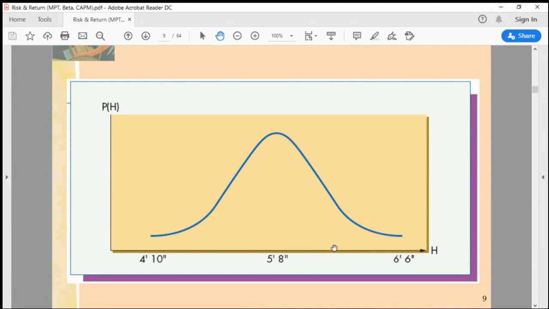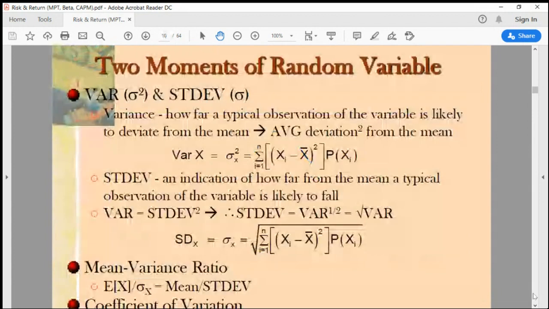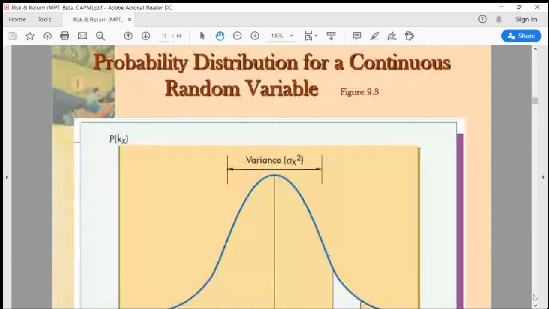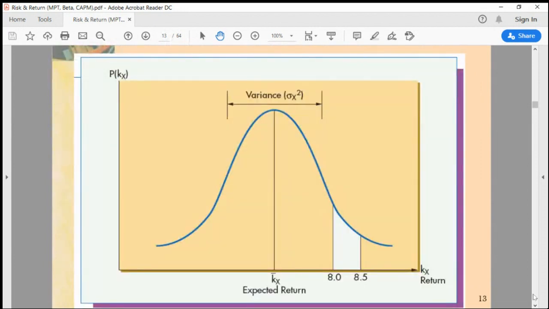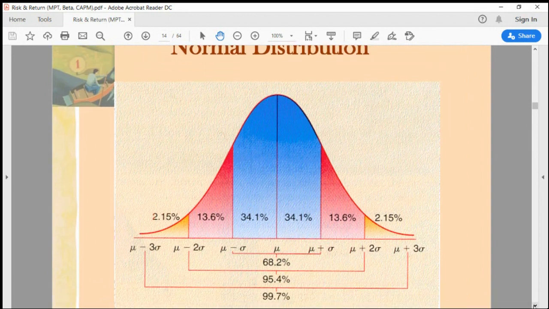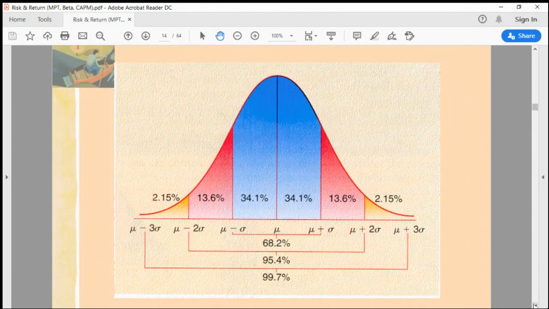So one standard deviation above the mean is 6'1". Two standard deviations above the mean is 6'6", and one standard deviation below the mean is 5'3", and two standard deviations below the mean is 4'10". So this would require some understanding of normal distribution properties. Now, a lot of things in nature are normally distributed. Height is one good example.